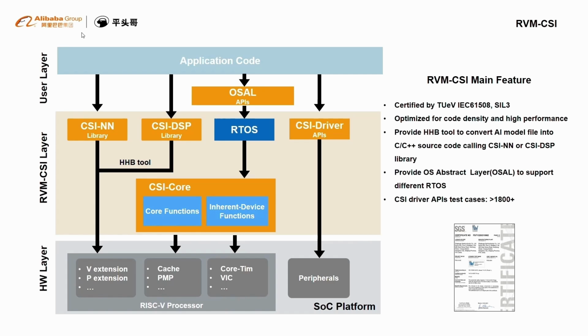To make it more convenient for developers, we provide an AI deployment tool called HHB that can quickly convert an AI model into C or C++ source code, called CSI-NN and CSI-DSP. We did a lot of work to optimize the code density as well as to improve the performance. For previous driver testing, we had gathered more than 1,800 test cases just for driver verification.